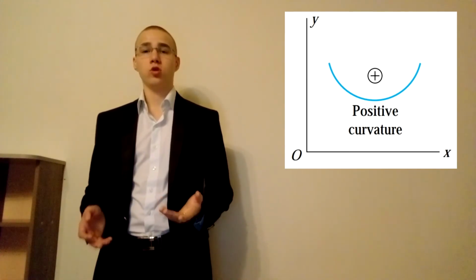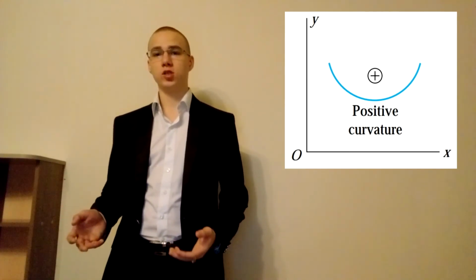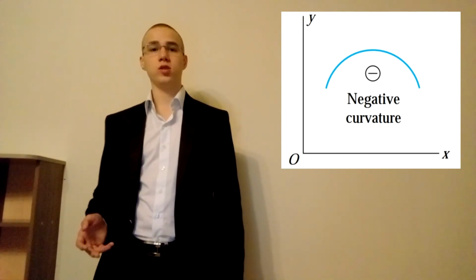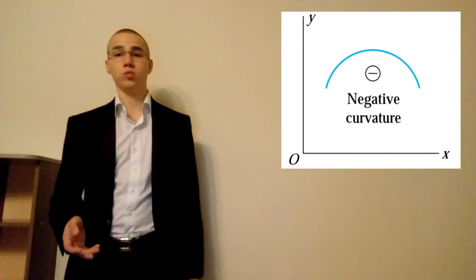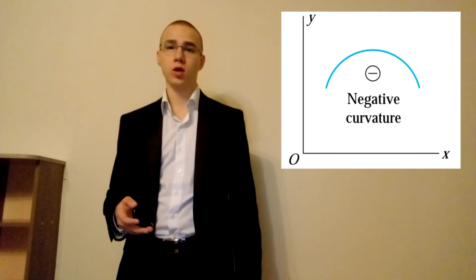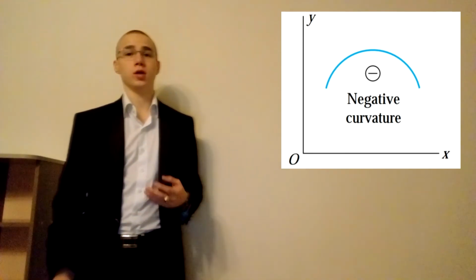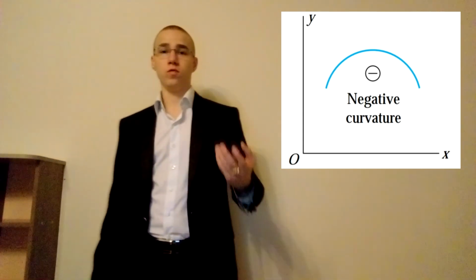Conversely, the curvature is negative when the beam is bent concave downward and the center of curvature is below the beam. So that's all about the curvature of a beam for today, and thank you for your attention.